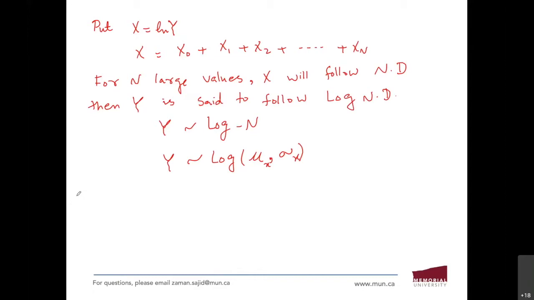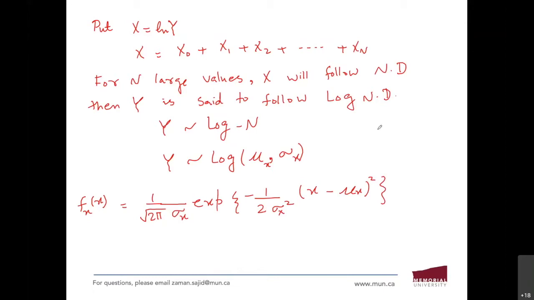Now this is the PDF that we discussed last time for the normal distribution. f of x is equal to 1 over square root of 2 pi sigma of x times exponential of minus 1 over 2 sigma x square times x minus mu of x whole square.